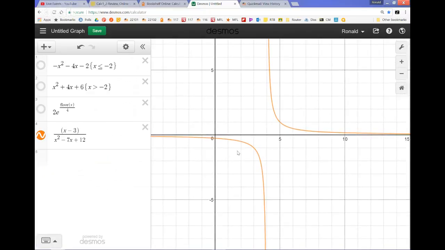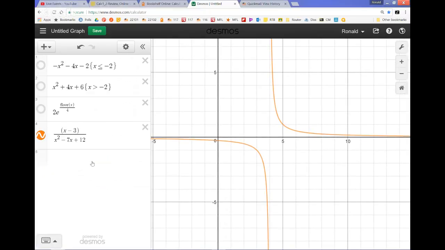We've got a vertical asymptote there. And if we just factor it, we can see that, what is that bottom one? x minus 4, x minus 3. And the x minus 3's cancel. That means that one's removable. Whenever you can cancel, that's a removable.